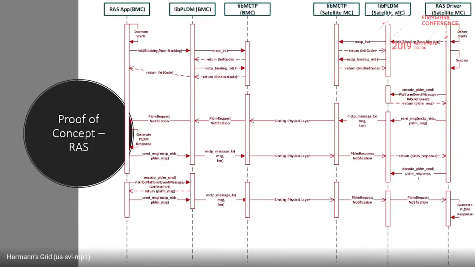I haven't shown all the parameters, but mapping that back to the PLDM sequence diagram, it would be the RAS poll event.